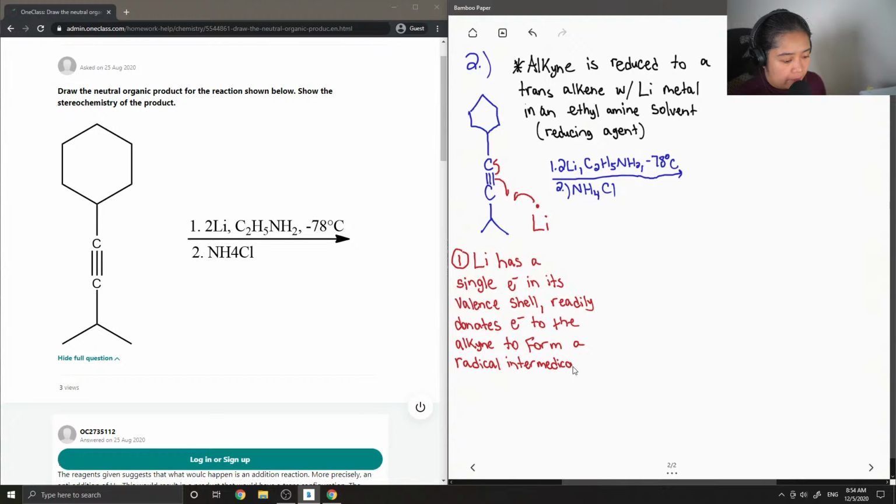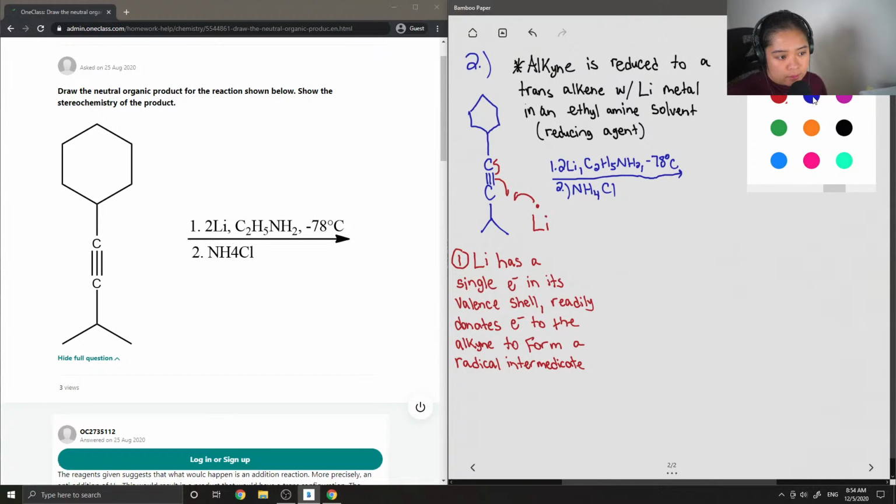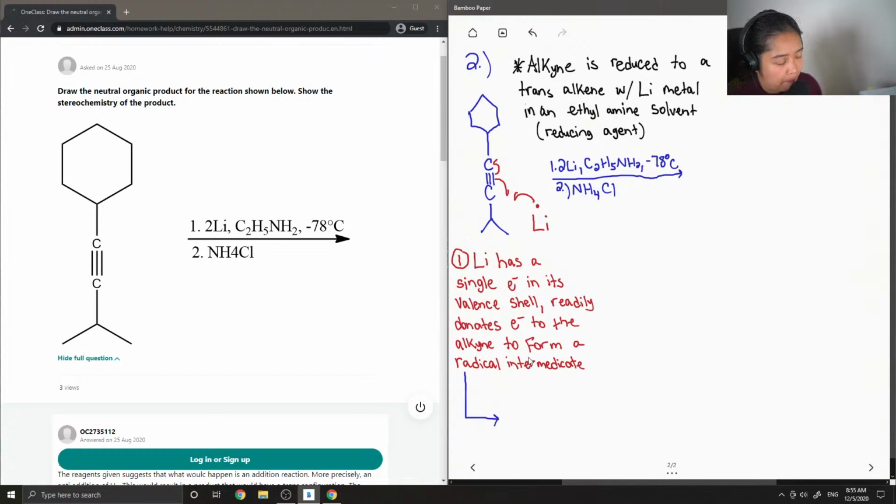So radicals are very unstable, and it'll just look like a single electron on one of our carbons. So I'll draw the intermediate down here, and that is our newly formed radical. The triple bond is now a double bond.